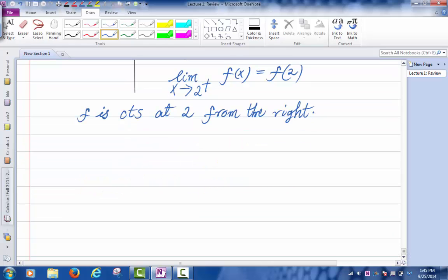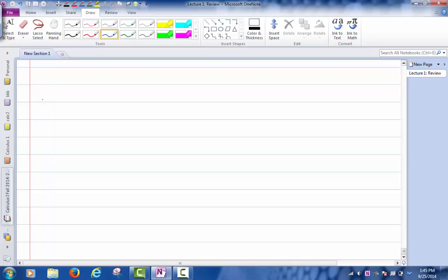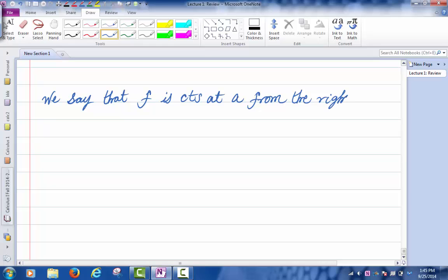So generally speaking, we say that f is continuous at a from the right if the limit of the function as x goes to a from the right of f of x is f of a.